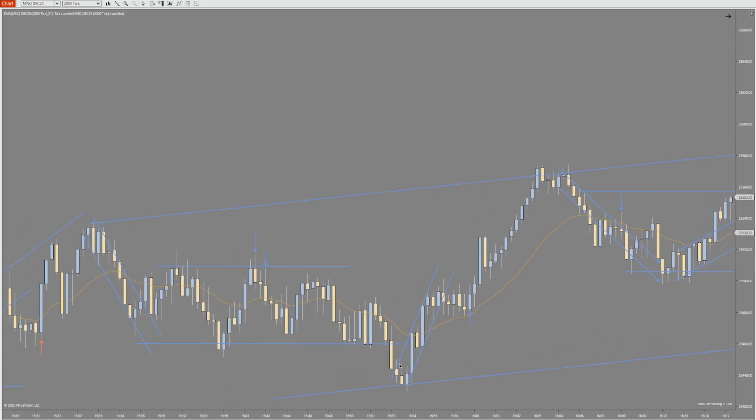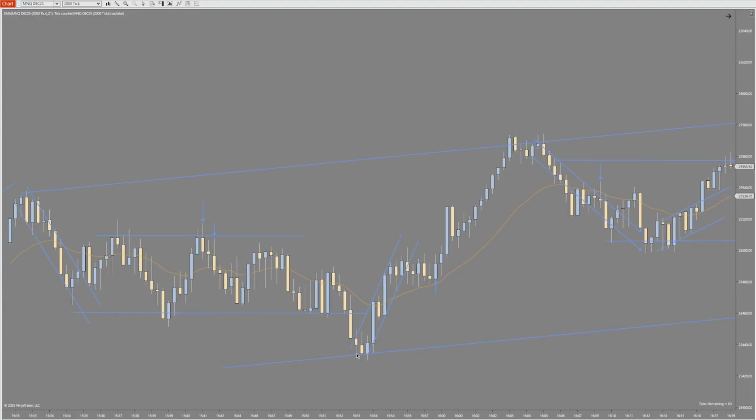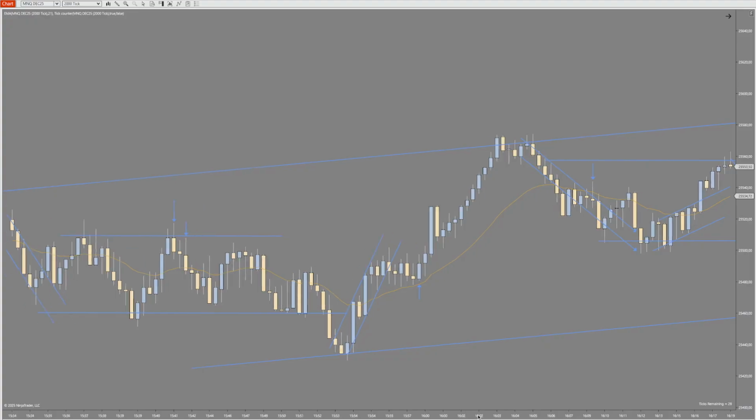But we break it. Another range, it's a failed breakout, I guess you could say. Wait, is it? No, it's not a second entry here, but if this was a second entry, you could have entered here. It was not. We get a new push up. First entry, second entry. It's a more aggressive trade, I'd say, but you can take it.